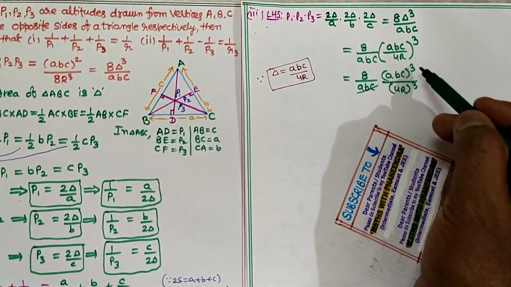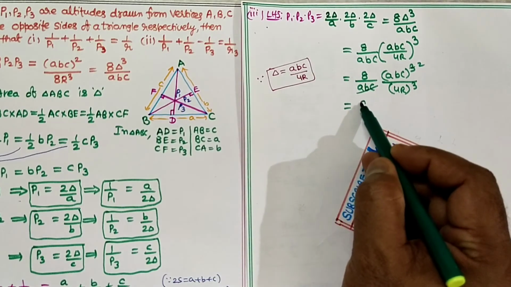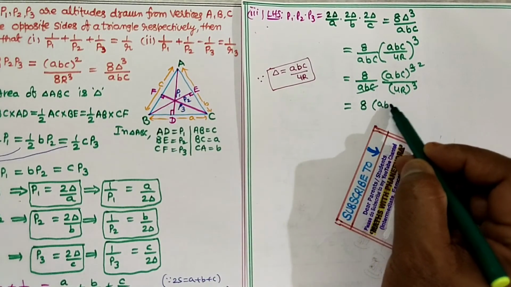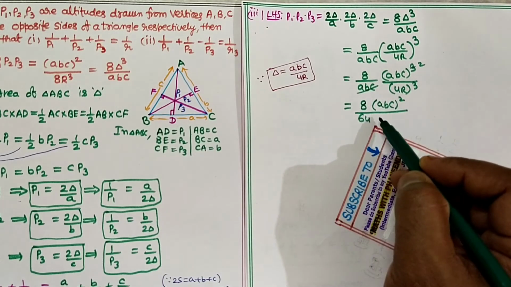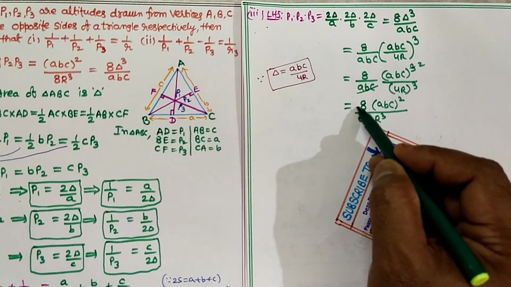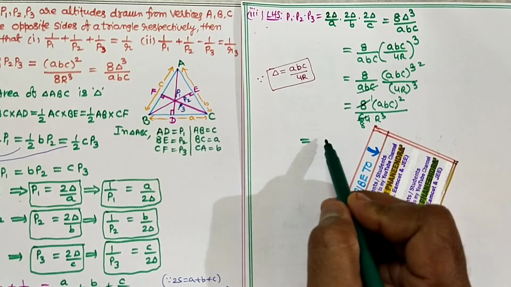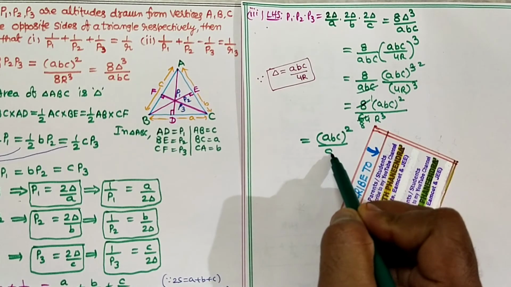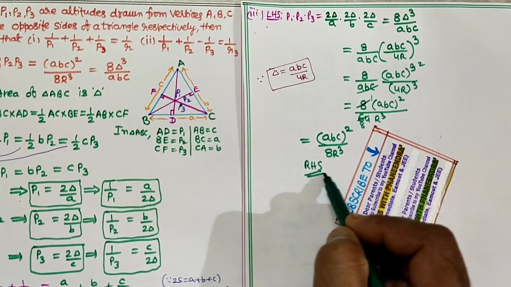So one of the ABC gets cancelled. So it becomes 8 into (ABC) whole square divided by 4 cube, which is 64, into R cube. 8 ones are 8, 8 eights are 64. So the remaining is (ABC) whole square divided by 8R cube, which is the required RHS.